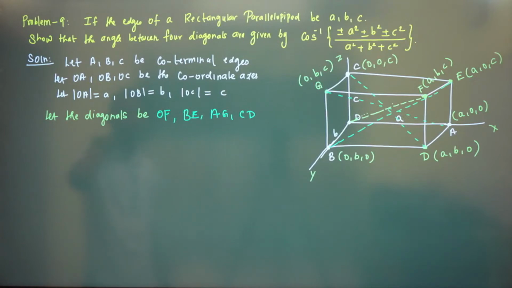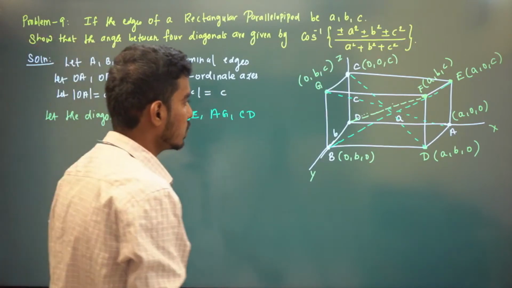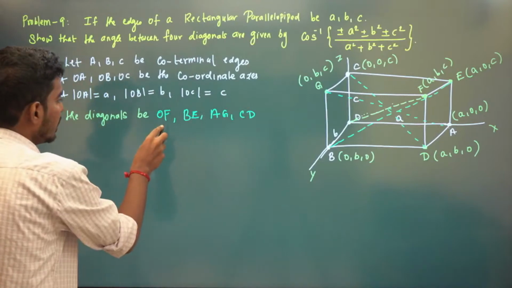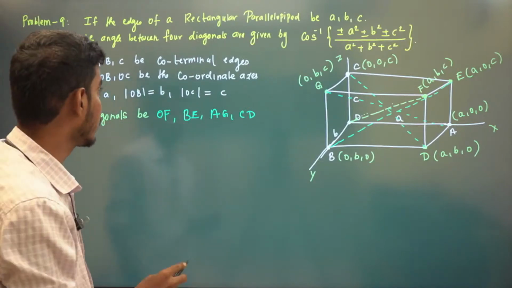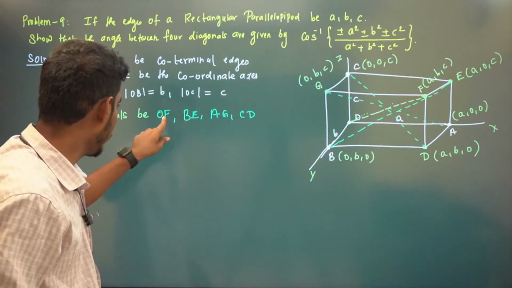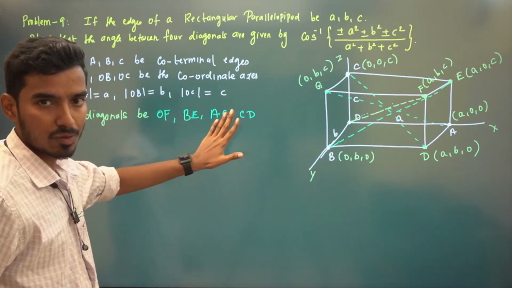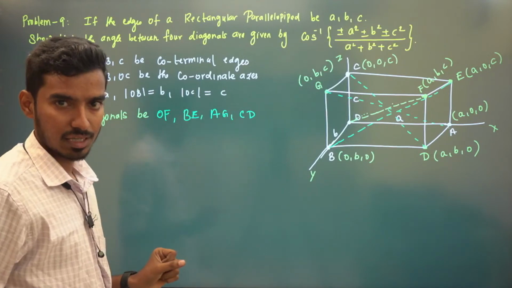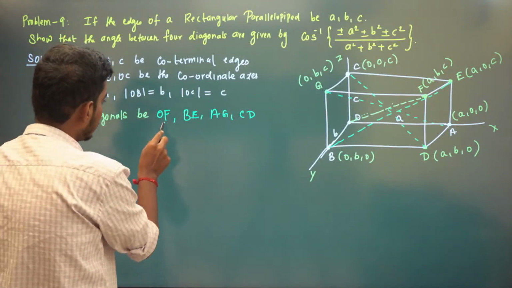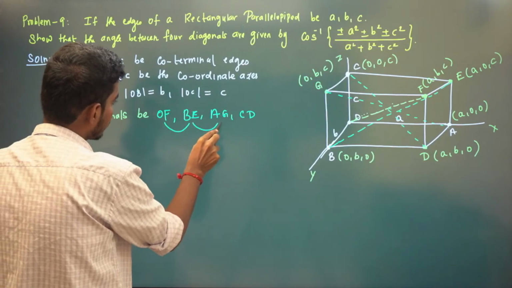Now we need to show the angle between the four diagonals, very simple. There are four diagonals. So how to find the angle between them? We can have six possible cases. We can find the angle between this and this, this and this, this and this.